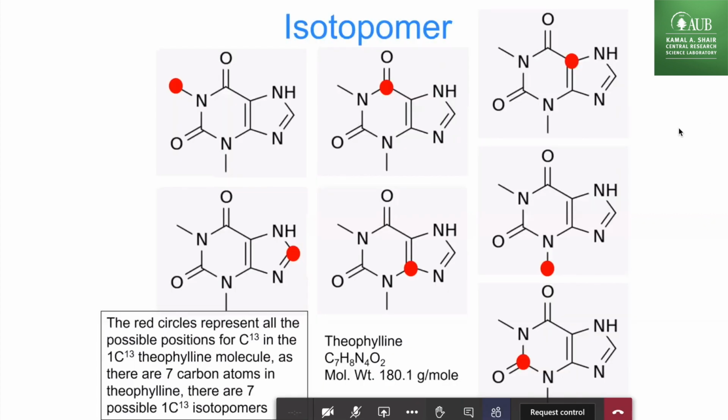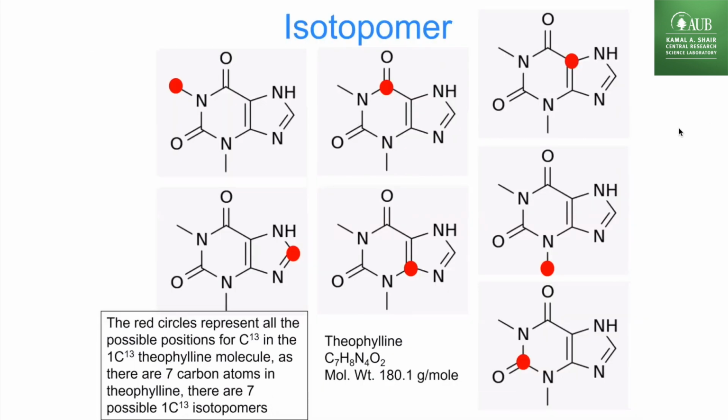So just to make it clear about this 1% thing, here I have shown theophylline. This is actually one of the isomers that we just talked about. Here's theophylline, and I have put a red dot on the 7 carbon atoms. So there are 7 carbons in this compound, right? The molecular formula here is C7, so there are 7 carbons.